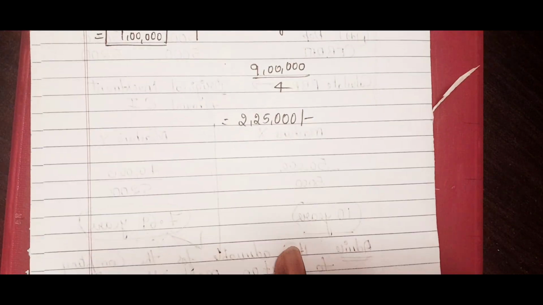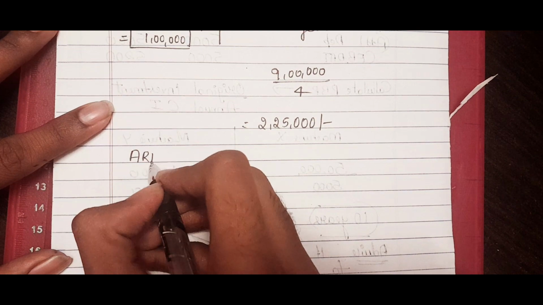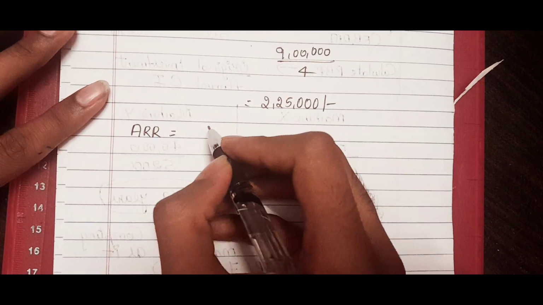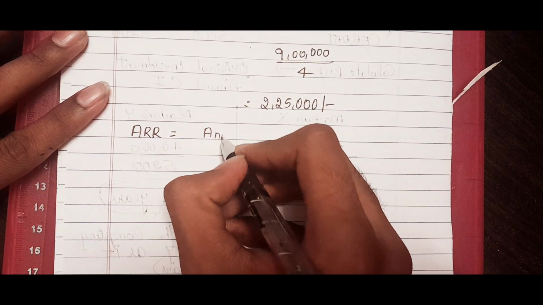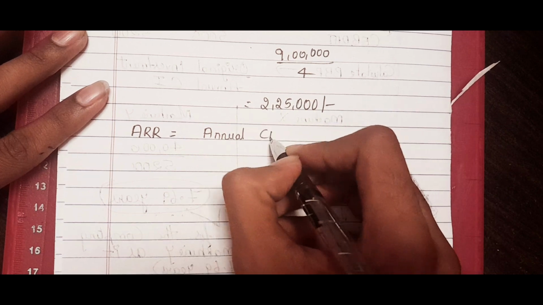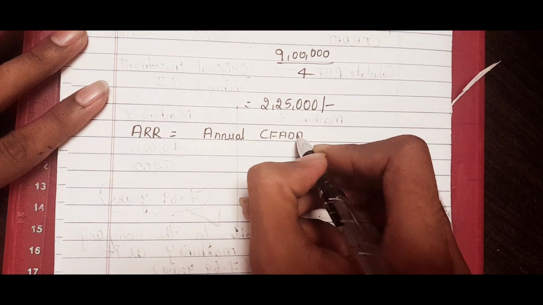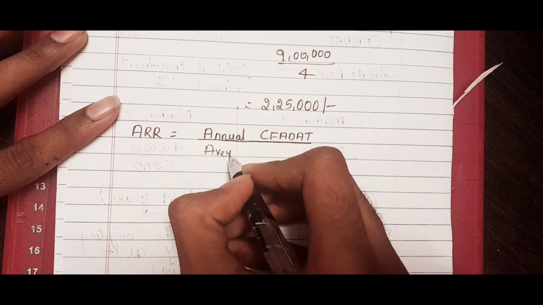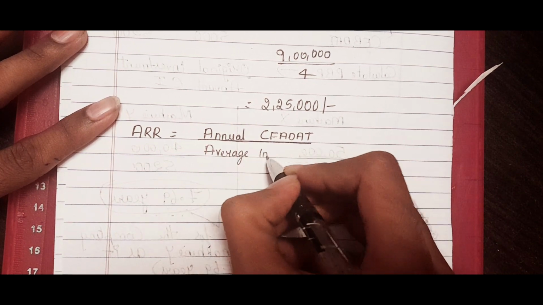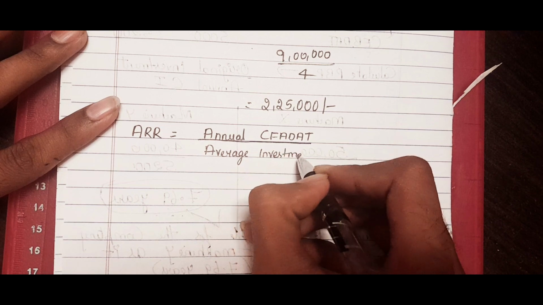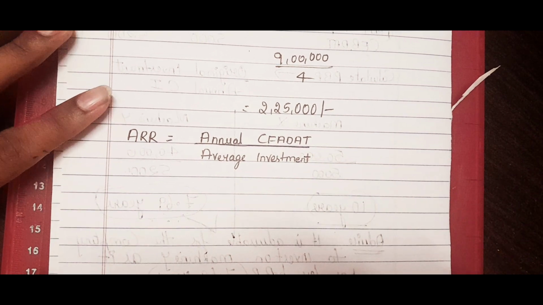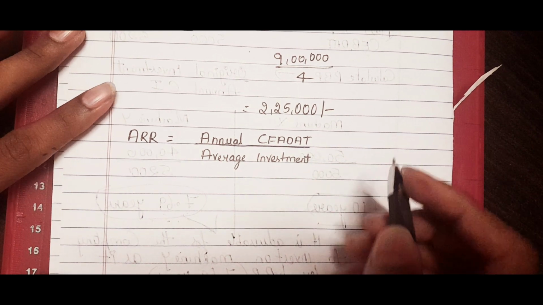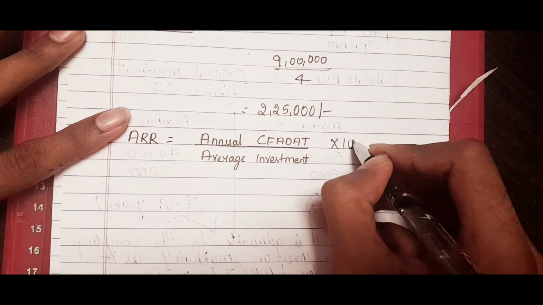Now let us try to find out ARR. The formula to find out the ARR is equal to annual CFAD 80 divided by average investment, into 100.